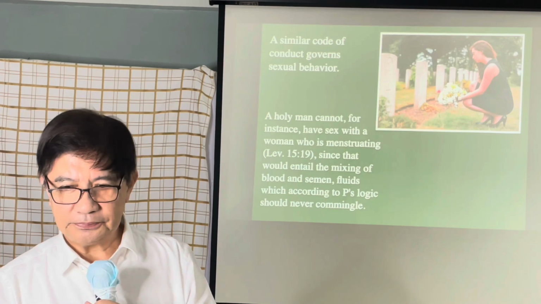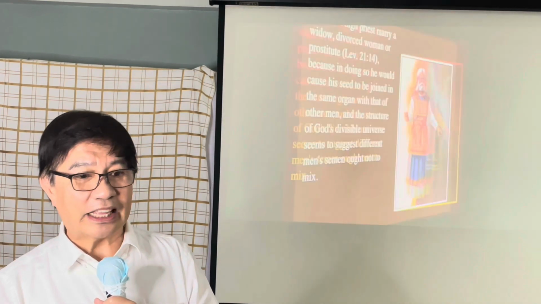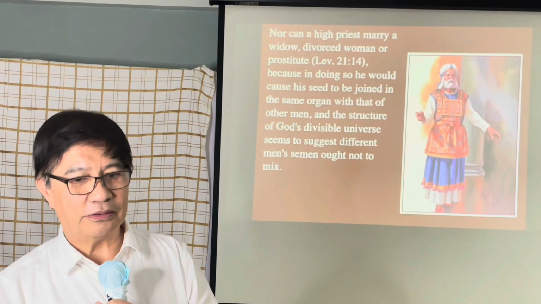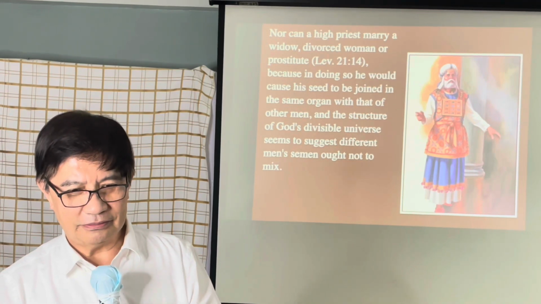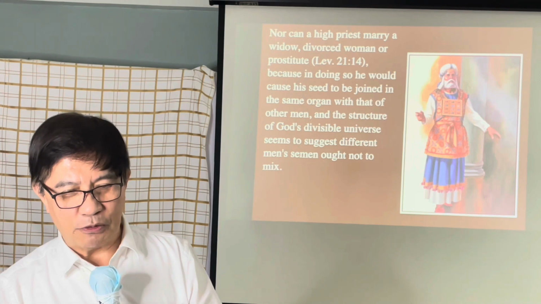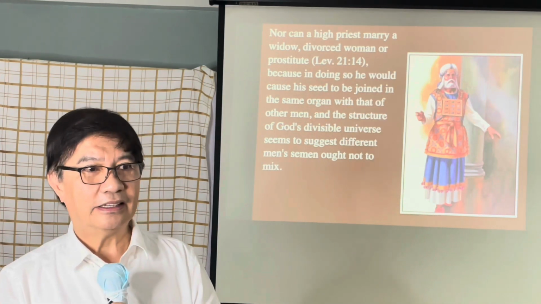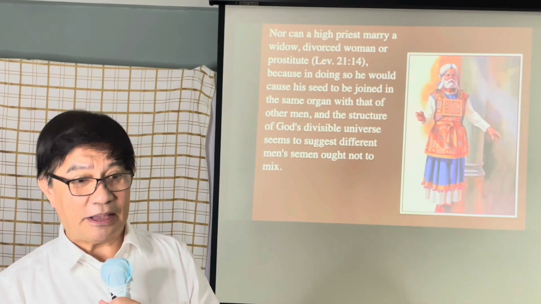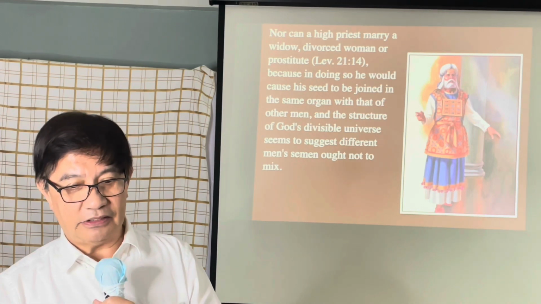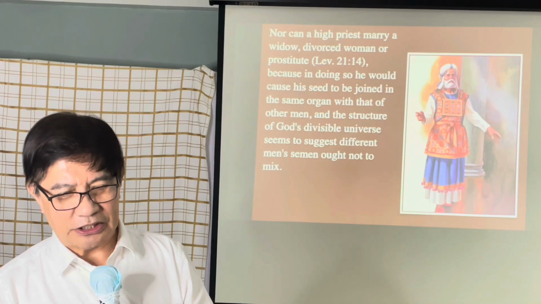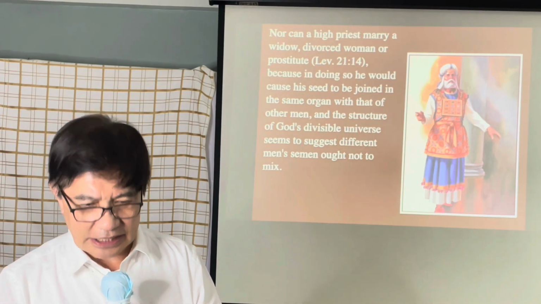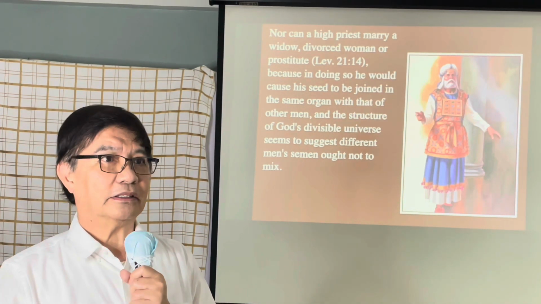Get that? Nor can a high priest marry a widow, divorced woman, or prostitute, because in doing so he would cause his seed to be joined in the same organ with that of the other man. And the structure of God's divisible universe seems to suggest different men's semen ought not to mix.